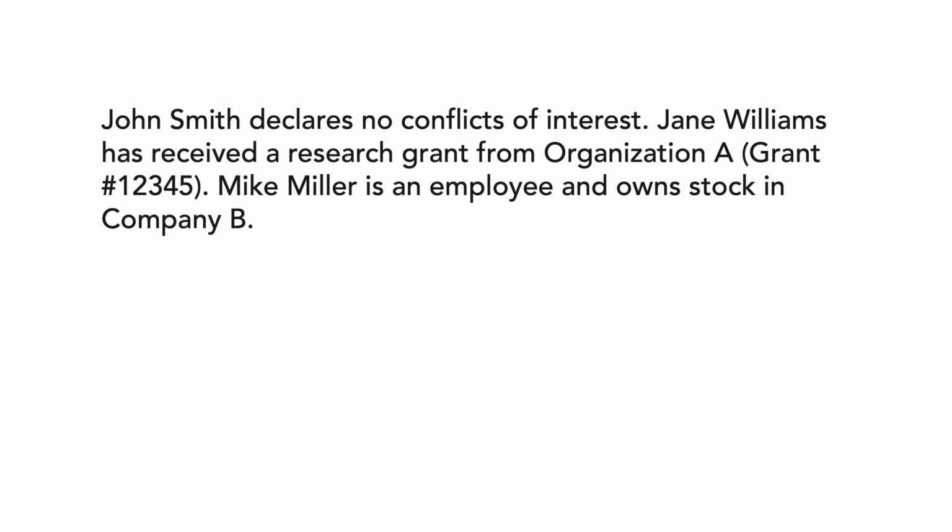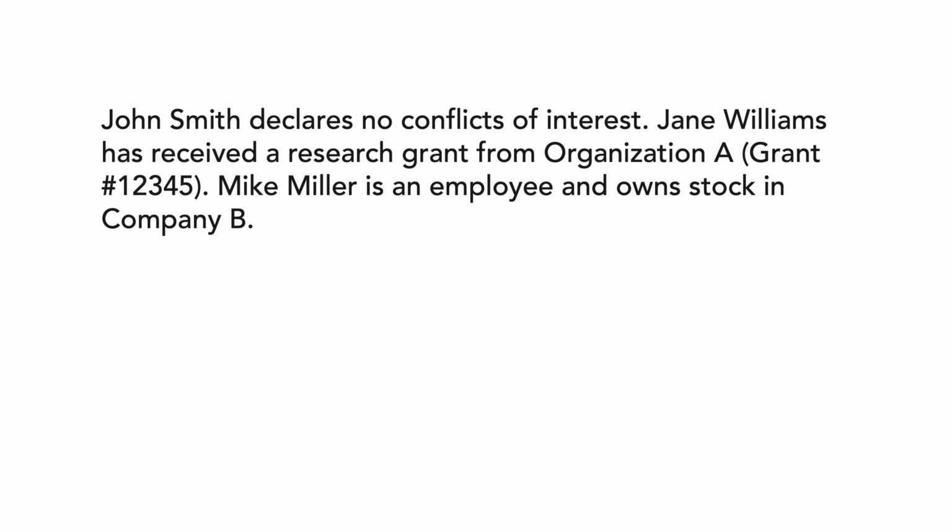In general, you want to list conflicts of interest for each author separately by name or initials, depending on the journal's preference. And there isn't a recommended order, so you might list them in the same order as the author order in the byline, or alphabetically, or in order of greatest to least amount of conflicts of interest. For example, you might have John Smith declares no conflicts of interest.